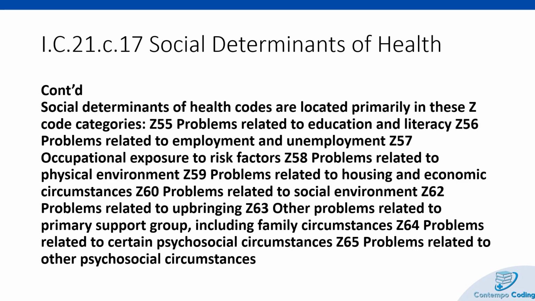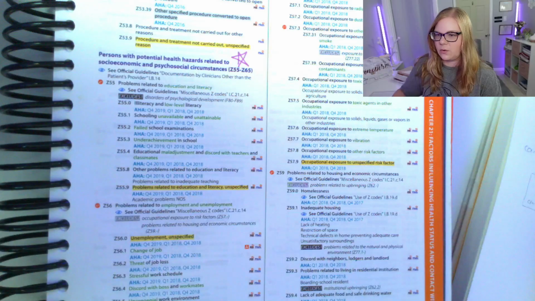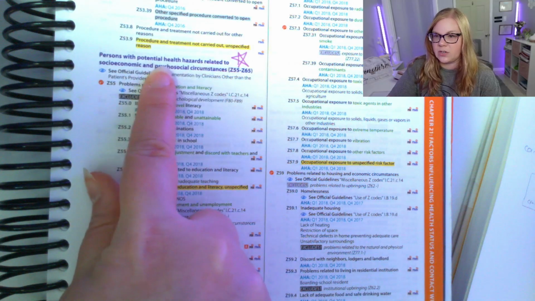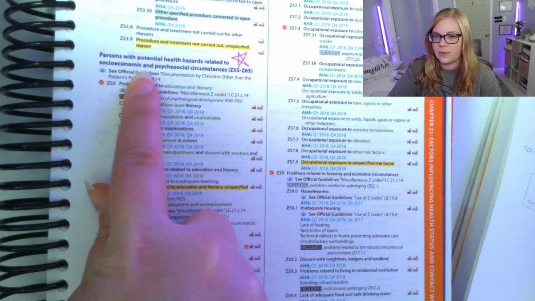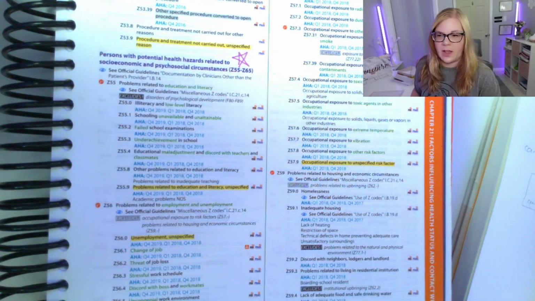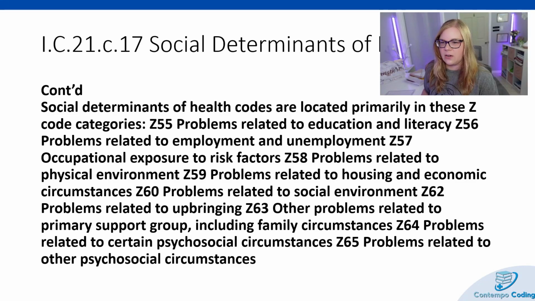It says social determinants of health codes are primarily located in these Z code categories, and then it basically tells you all of the stuff that's in here, the Z55 through Z65, persons with potential health hazards related to socioeconomic and psychosocial circumstances. So these would be our social determinants of health codes, and that's what they're listing here. Things like the Z55, problems related to education and literacy, as well as Z60, problems related to social environment, etc., etc.